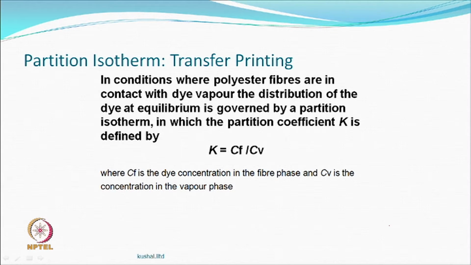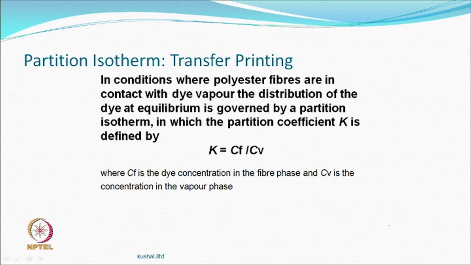The distribution of dye at equilibrium is again governed by the same partition isotherm, in which the coefficient could be defined in the same manner, where the concentration Cf is the concentration on the fiber and Cv is the concentration of the dye in the vapor phase.